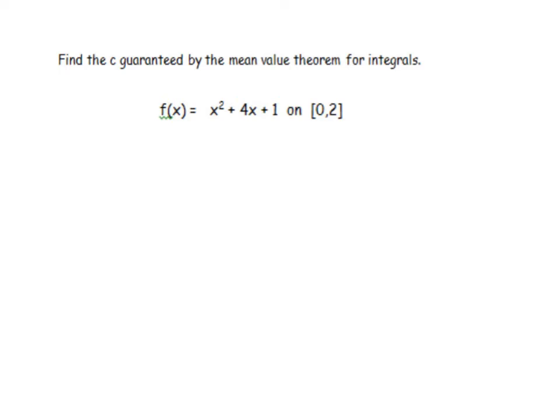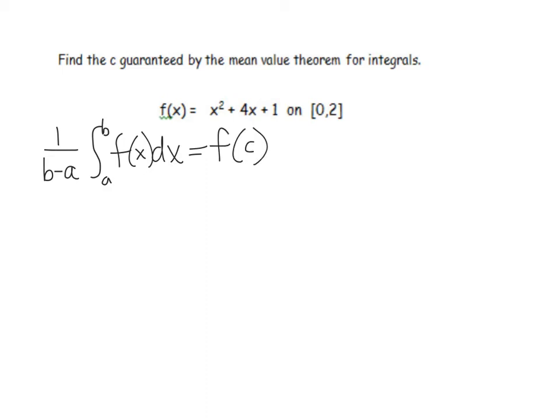Okay, so find c guaranteed by the mean value theorem. So we are going to use the mean value theorem, but written in the form of the average value. What we're adding, however, is that it has to be equal to f of c. All right, so let's do f of c first.